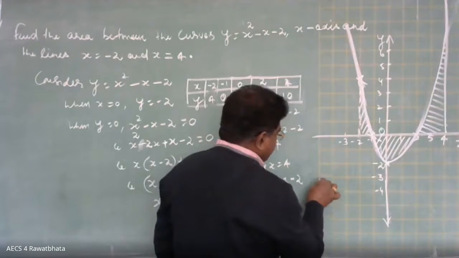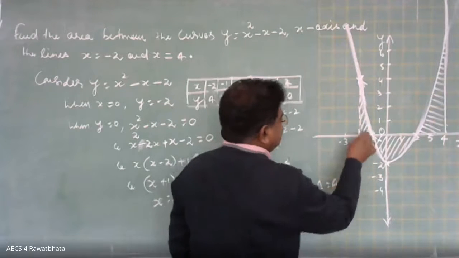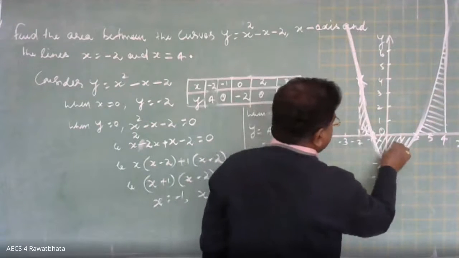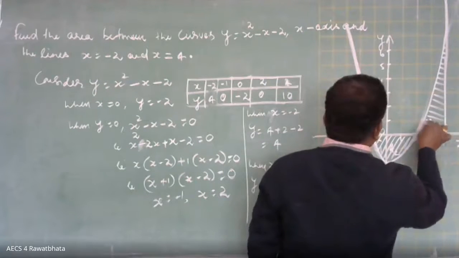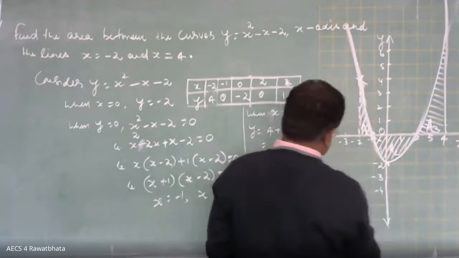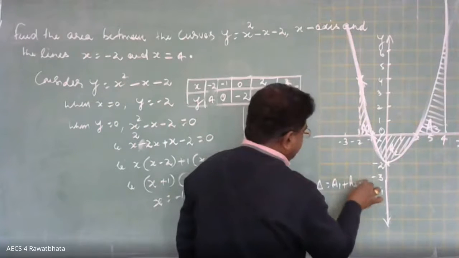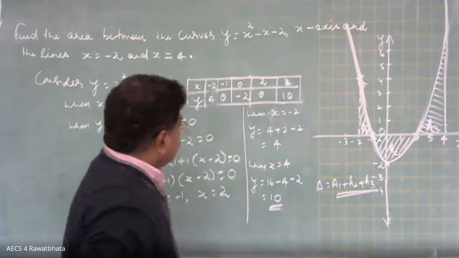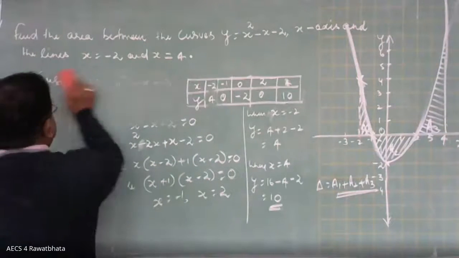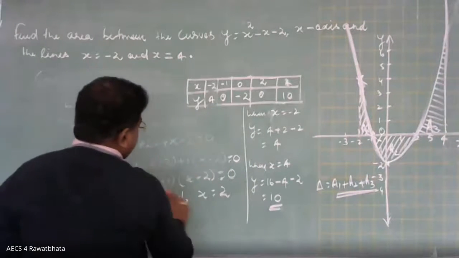The required area is A1, this is A1, this is A2, and this one is A3. A1 plus A2 plus A3. Now let us come to find out the area. This is a 6 mark question.